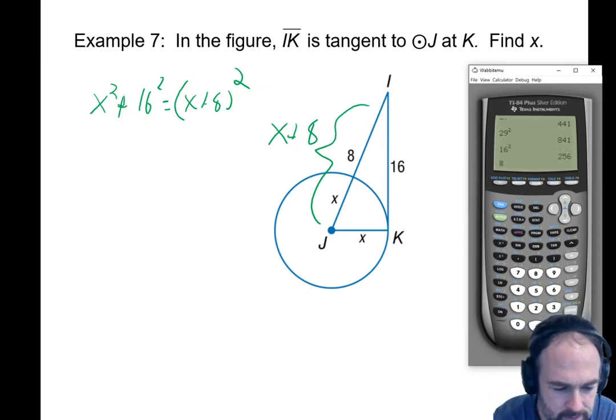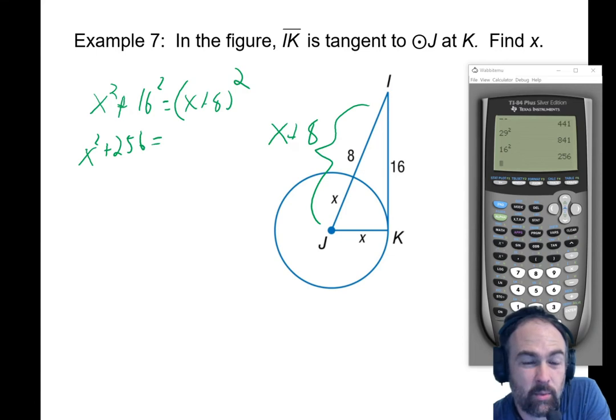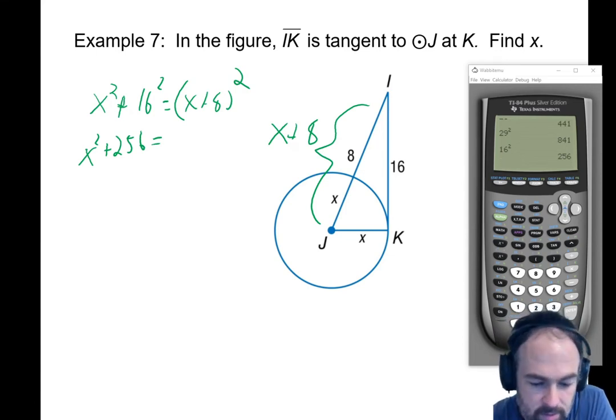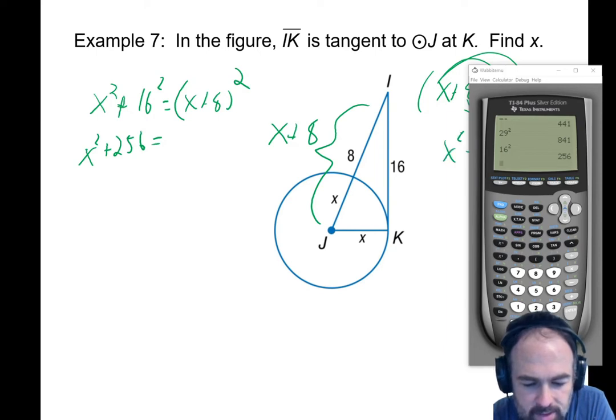I should know that, 256. X squared plus 256 equals, now X plus 8 squared, remember we have to actually FOIL that out. That's X plus 8 times X plus 8. When I do the FOIL method, I'm going to get X squared plus 16X plus 64.